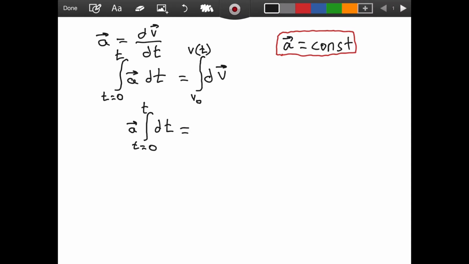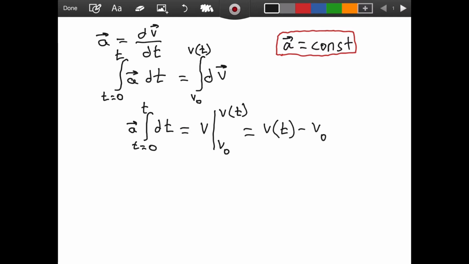What will this integral give us? The integral of dv will simply give us v, and we will substitute our bounds like this, vt minus v0, using the fundamental theorem of calculus.